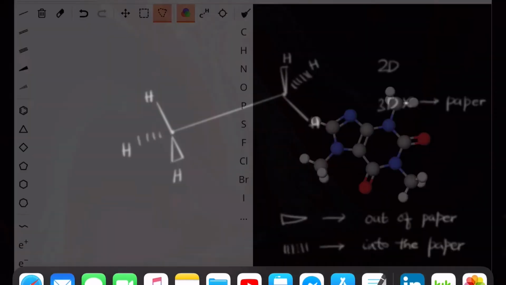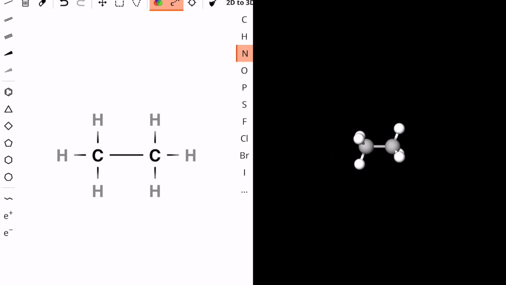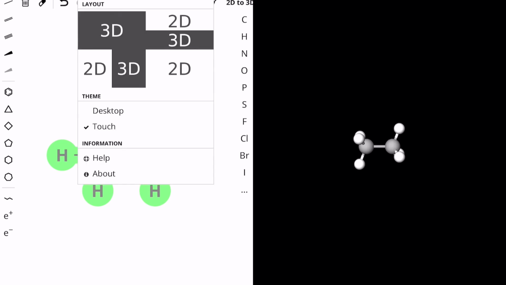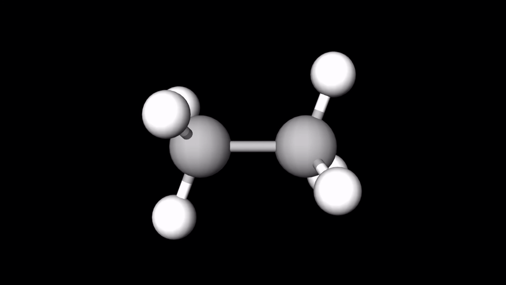But let's take a look at the three-dimensional structure of a general ethane molecule. So this is the ethane molecule. This structure represents the molecule of ethane with 2 carbons and 6 hydrogens. Notice that this actually represents the three-dimensional structure.